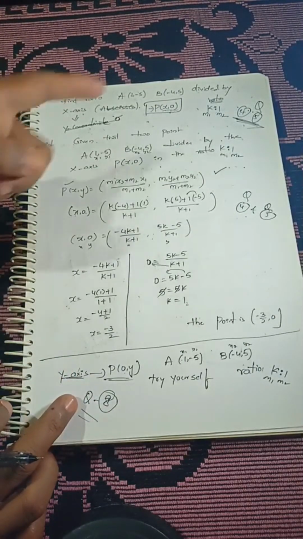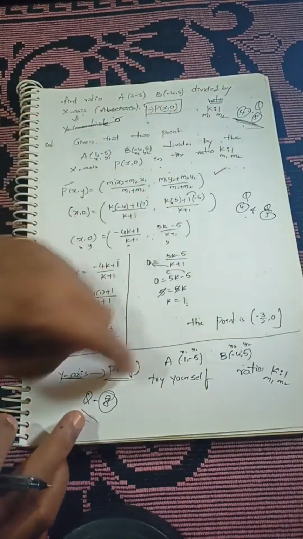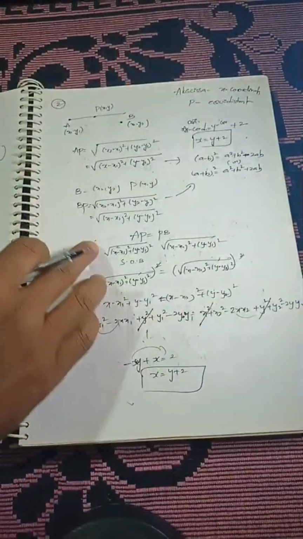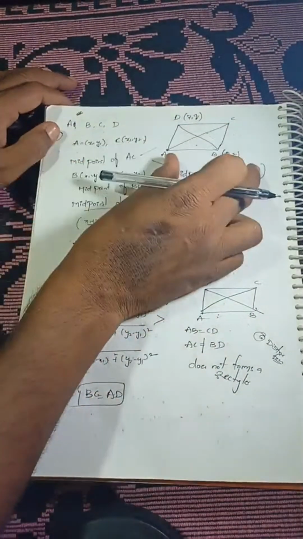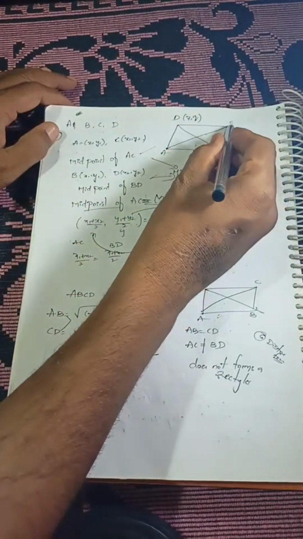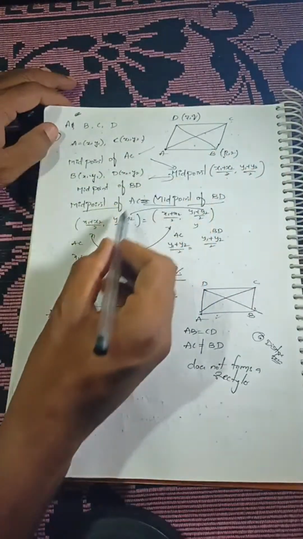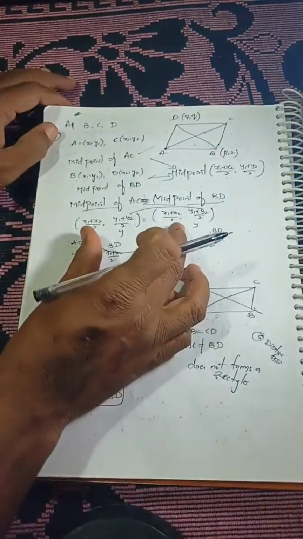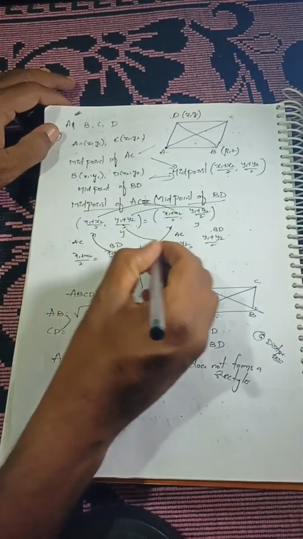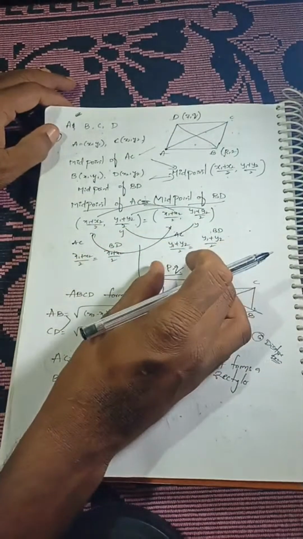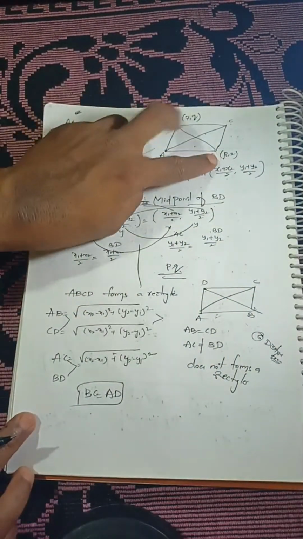Now I completed the 4th problem, 5th problem, and also the 8th problem. Now see, the first problem is very easy. Take a parallelogram, find the midpoint of AB and the midpoint of BD. Then you are going to get the P value and Q value right over here only. Why? Because x coordinate equals x coordinate value, y coordinate equals y. After getting the values, substitute them here.